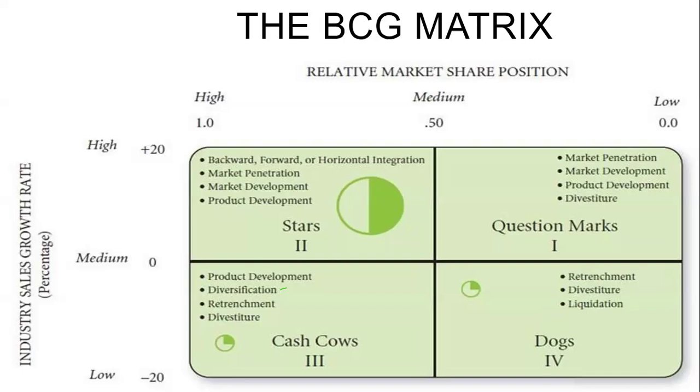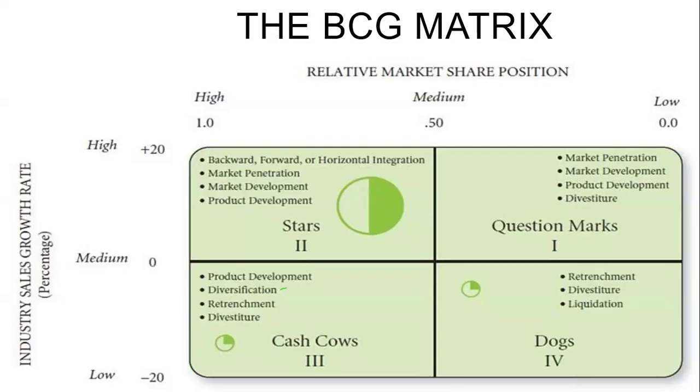Based on what has transpired now, who can interpret the dogs division for us using relative market share and industry growth? Yes, hello. So with the dogs, I think the market share will be low. The growth too will be low. Very good.